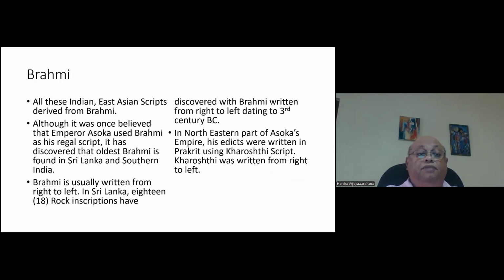So if you look at Brahmi, all these Indian and East Asian scripts derive from Brahmi. We believe the Brahmi came to Sri Lanka during Emperor Ashoka's time, but now we have evidence that we used Brahmi as our written script going back about 900 BCE.